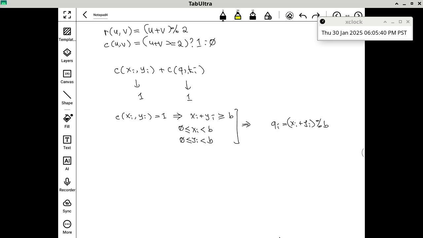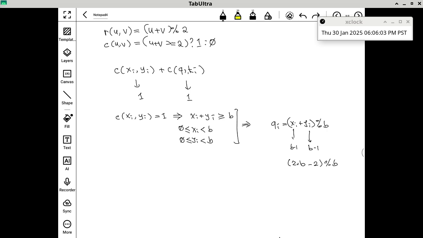Let me just write it out. Okay, so in the worst case, x of i is b minus 1 because that's the maximum value. And then in the worst case, y of i is also just b minus 1. So in the parentheses, in the worst case, you have 2 times b minus 1, the whole thing, mod b.